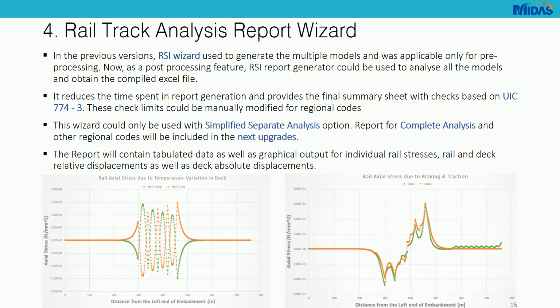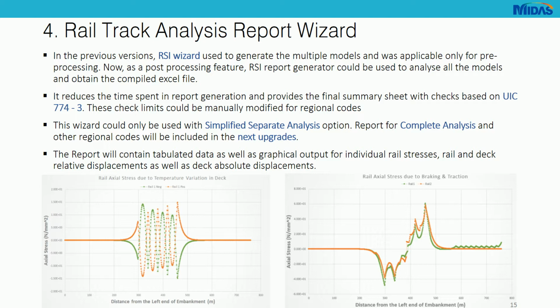The next improvement that comes with Civil 2017 V2.1 is the option of automatically generating a report for the rail track analysis wizard. As you know, the rail track analysis wizard generates the structure for us, a bridge with the rails and information about the bed used for the rails, and it is used to basically simulate a rail structure interaction.